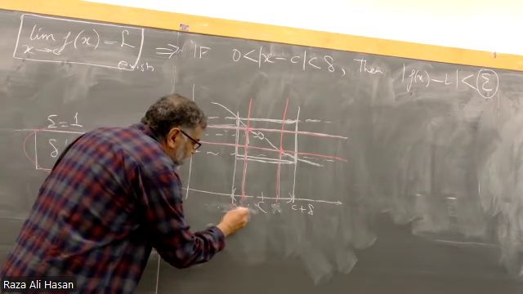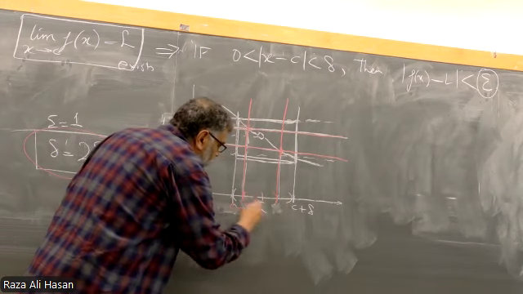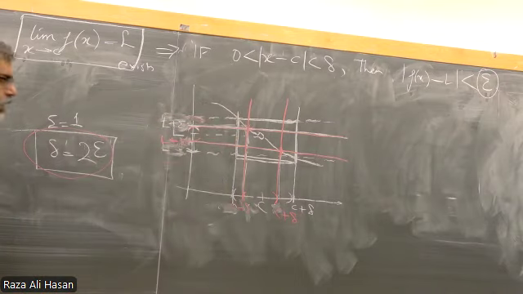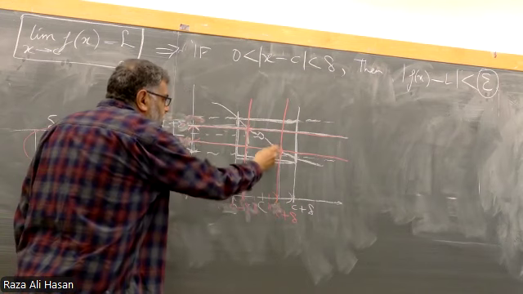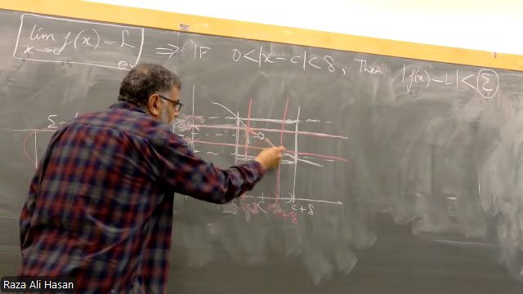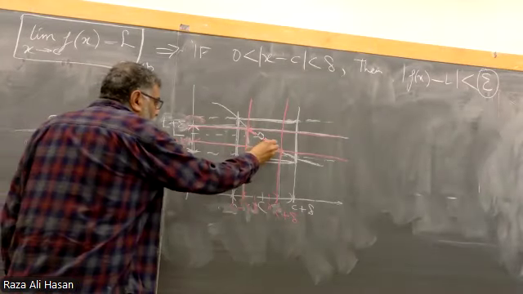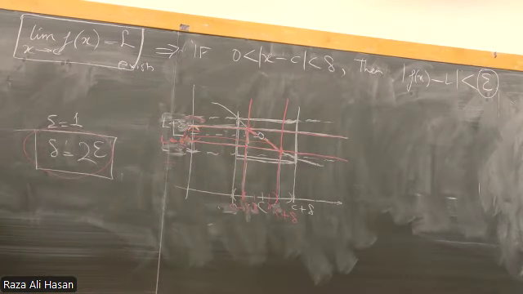So this will be our new C minus delta, and this is our new smaller interval. And now every x maps, and this is the part of the graph that we are interested in. All of these f(x)'s fall within the new epsilon value.